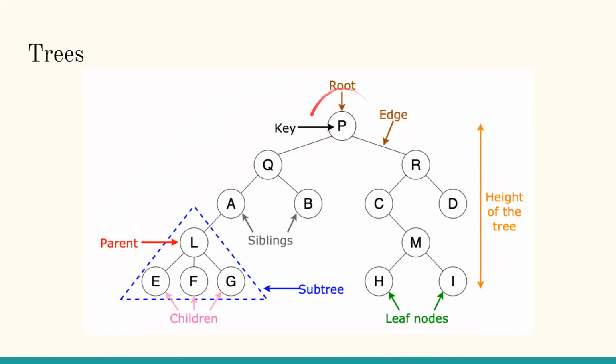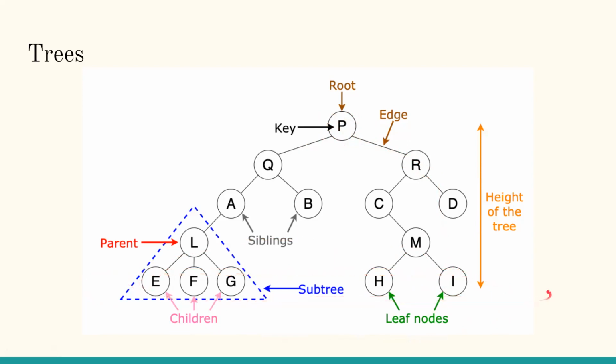Here we have the root, which is the topmost node of your tree. You will also have your key, which is whatever's inside. Your edge is the connecting side between P and R. Leaf nodes are anything at the very bottom.